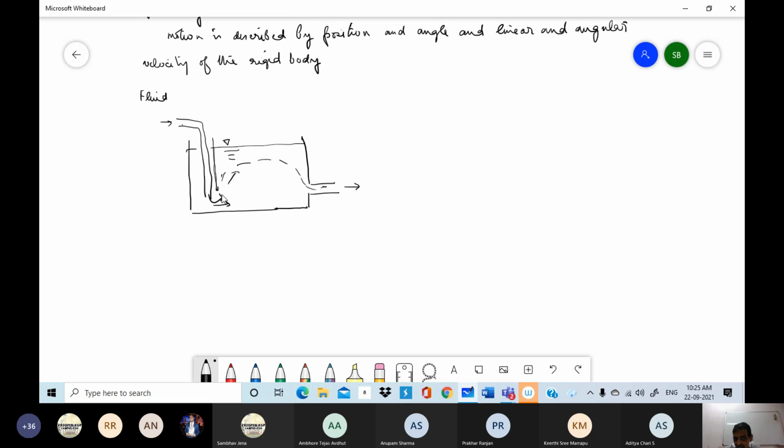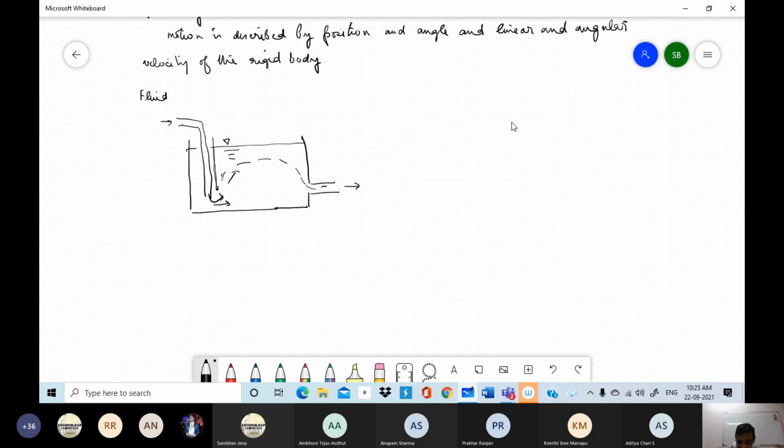So therefore, the velocity can have any value independent of its value at any other position. It can have any value independent of what value it has at other places.